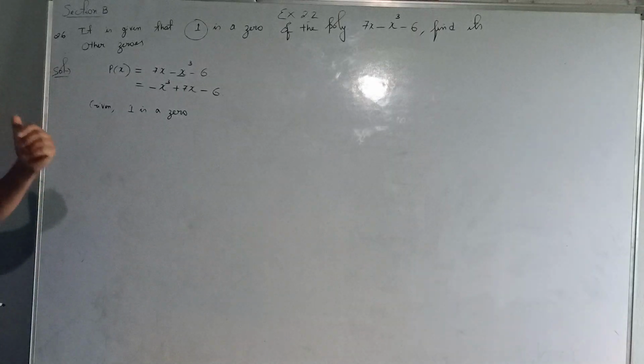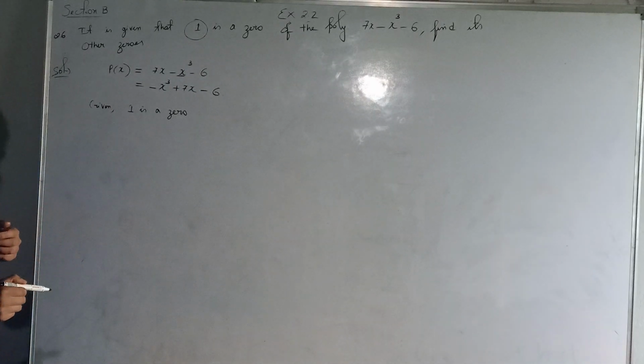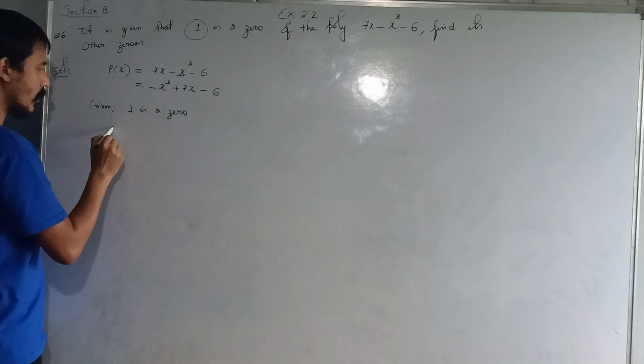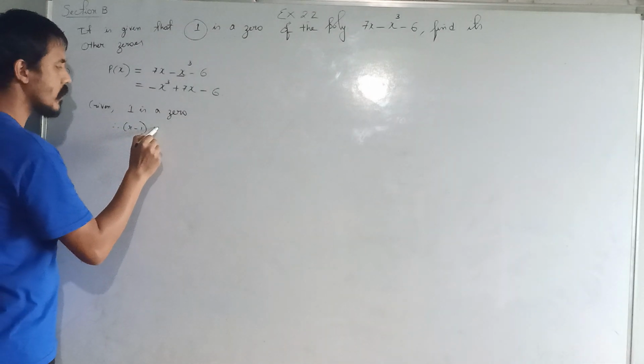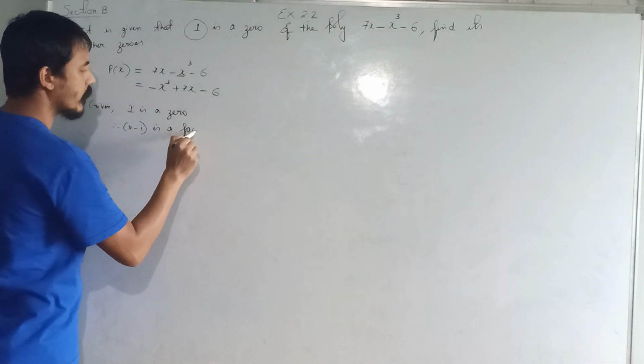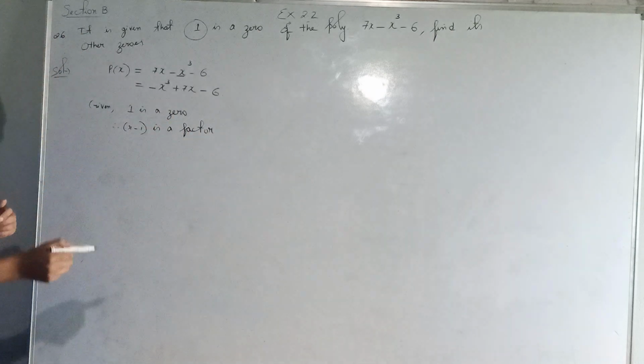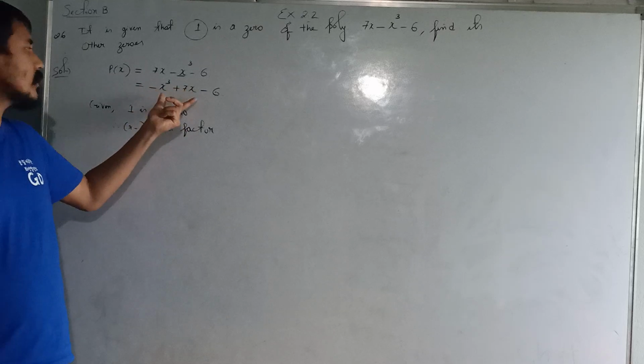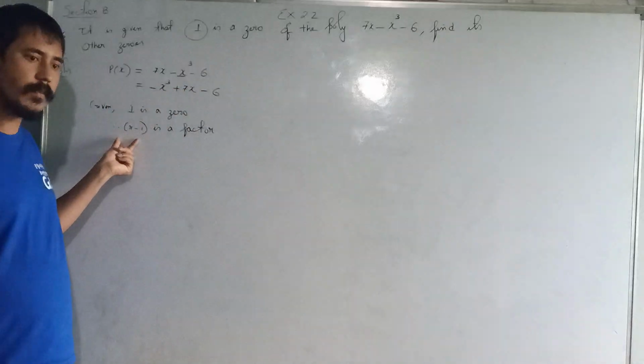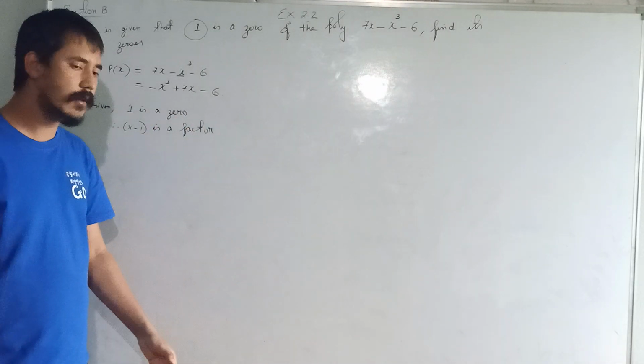So what will be the factor? Therefore, x minus 1 is a factor. If 1 is a 0, then x minus 1 is a factor. Now we divide this given polynomial by x minus 1 and we obtain the other factors.